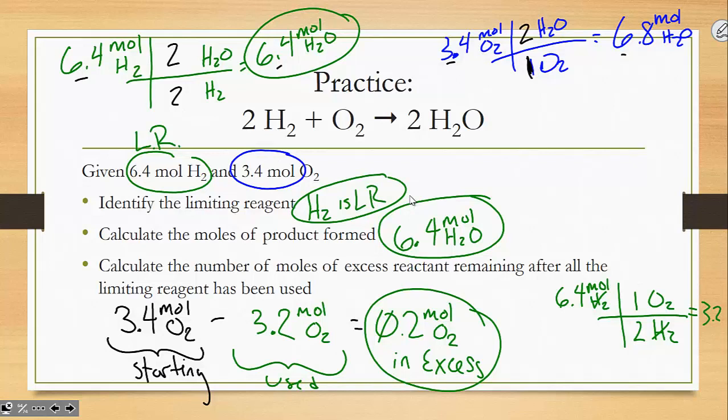We can only make 6.4 moles of water, so our excess reagent, the oxygen, we could calculate by taking the amount we started with, 3.4, and subtracting the amount that we used up. Based off of 6.4 moles of hydrogen, hydrogen to oxygen is a 1-to-2 ratio, so we would use up 3.2 moles of oxygen. So 0.2 moles of oxygen are in excess.